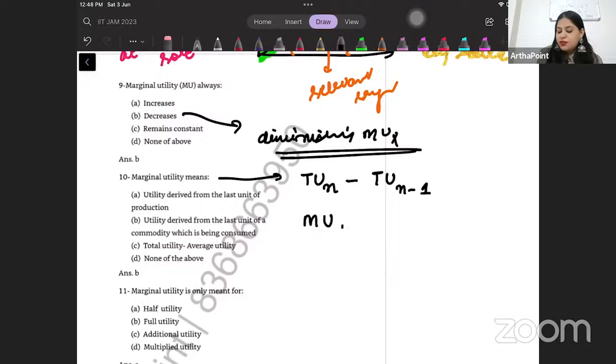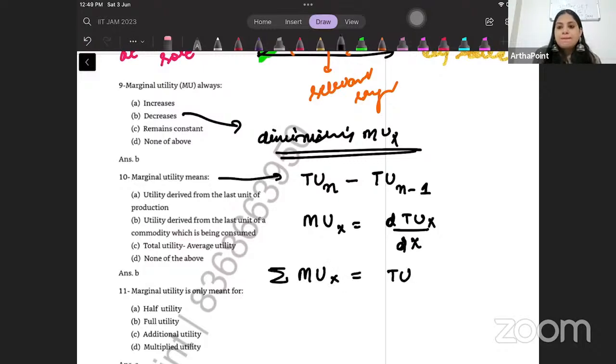Marginal utility को हम differentiation of total utility भी बोल सकते हैं. Marginal utility के summation को भी हम total utility बोल सकते हैं, right? So you should know all the formulas of finding marginal utility.